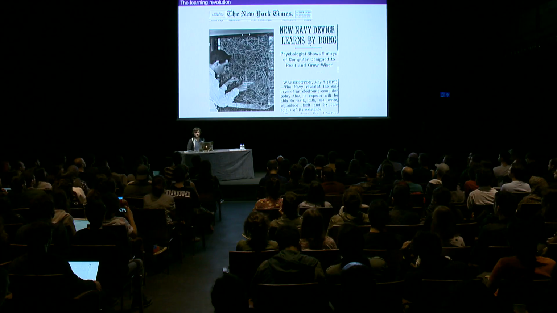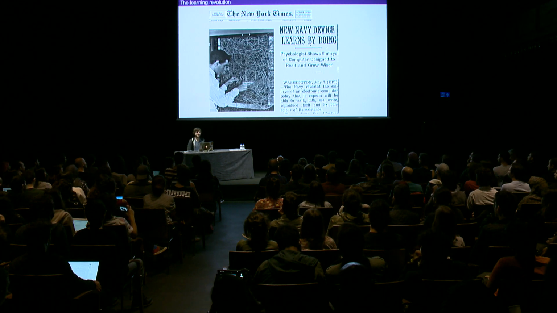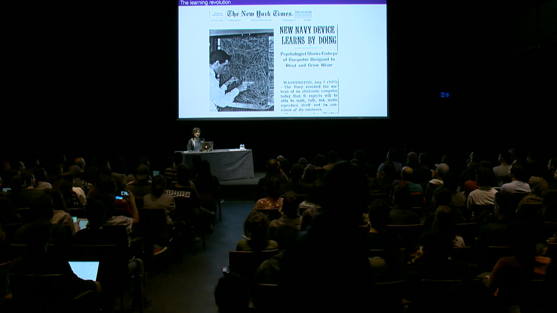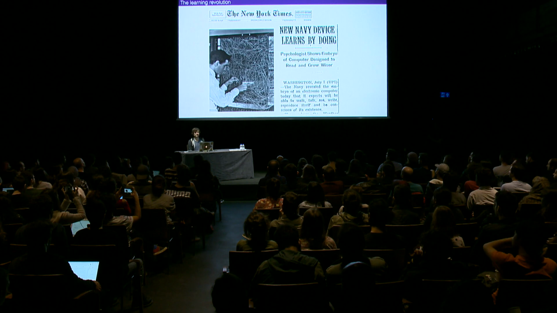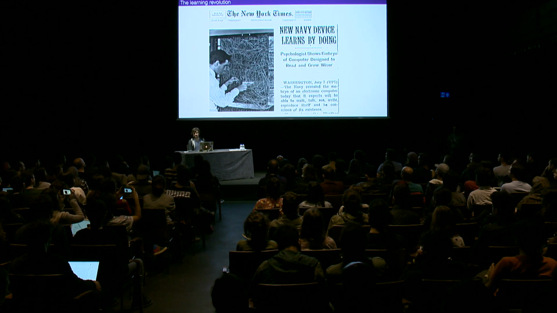Even though machine learning as a term has only been around for 30 years, this was actually the original approach to doing AI in the late 1950s when we first came up with the term. And in the late 1950s, the very first neural networks for image classification were developed by the US Navy.